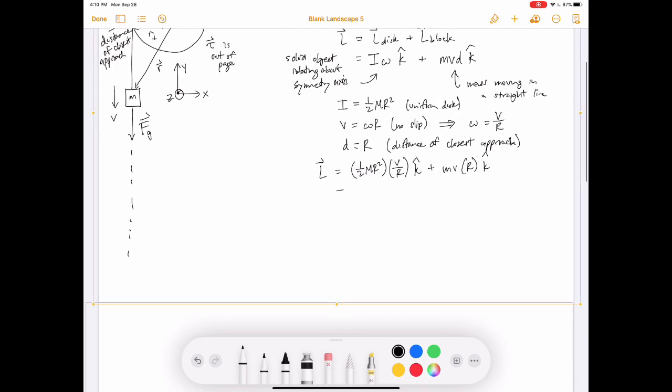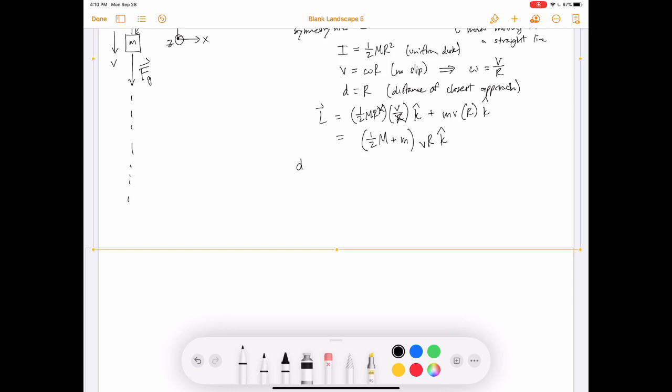So we'll simplify this by canceling out one factor of R. And then we'll notice that we have a common factor in both terms of v times big R times k hat. Multiplying that, we have 1/2 times big M plus little m.